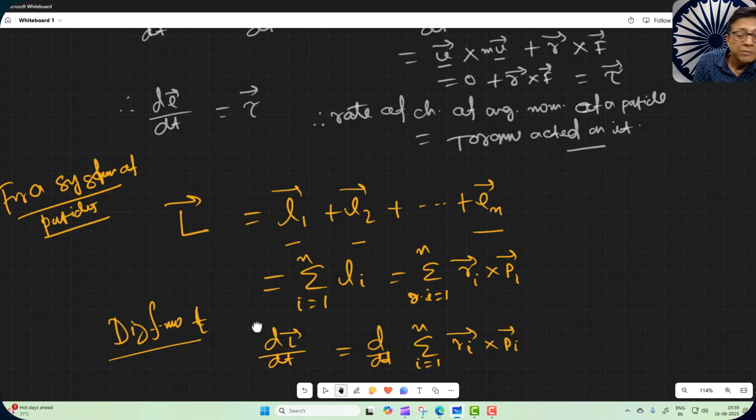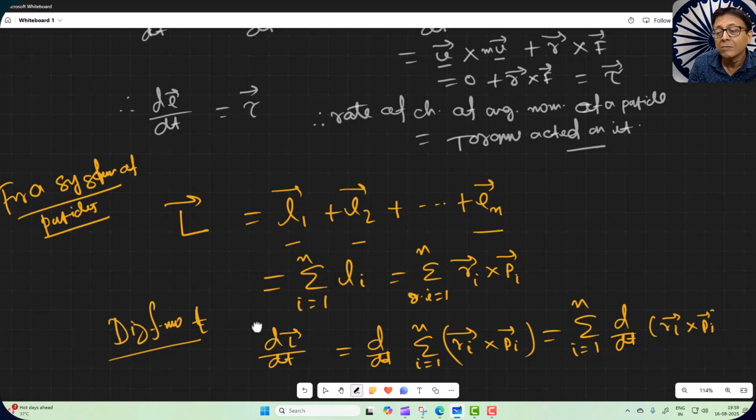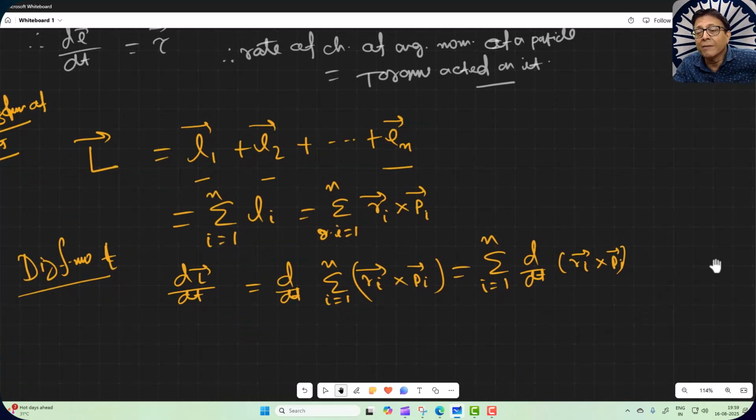Clear? This is Li, no? So sigma i equal to 1 to n of d by dt of Ri cross Pi. And we have just seen that the derivative of Ri cross Pi is tau.